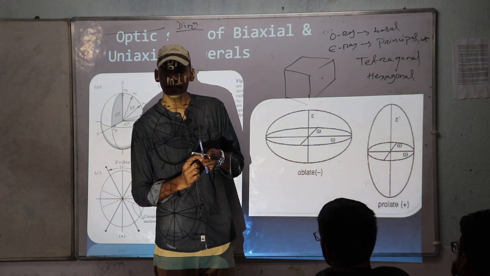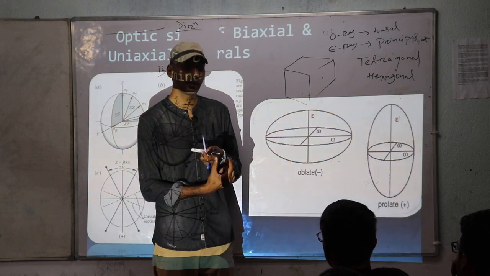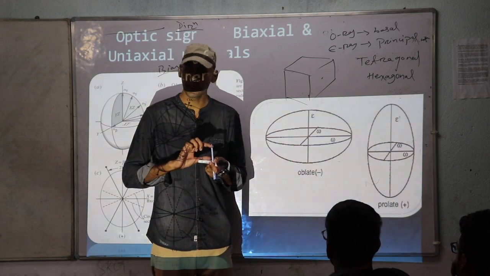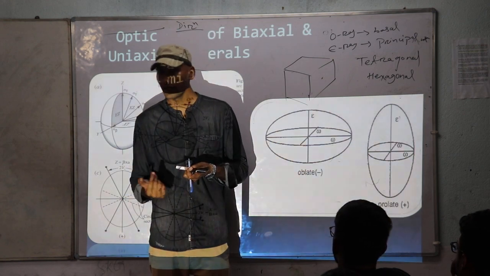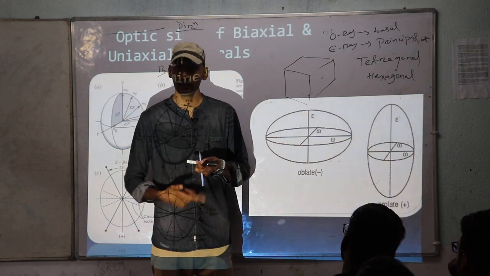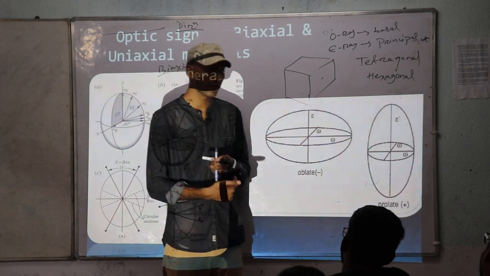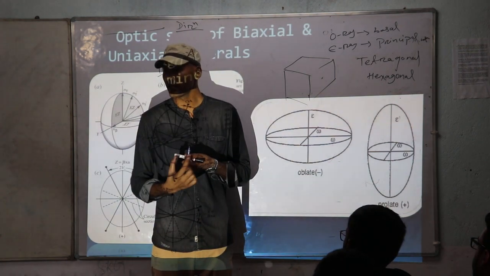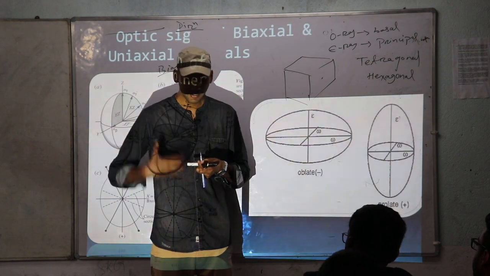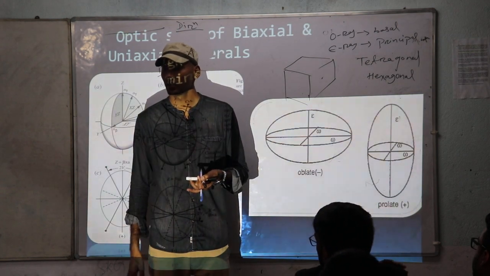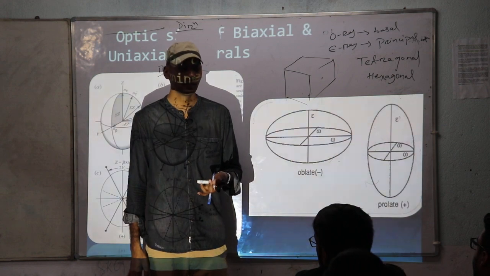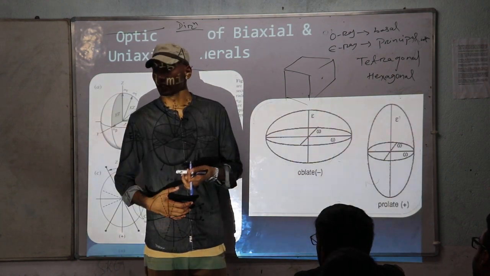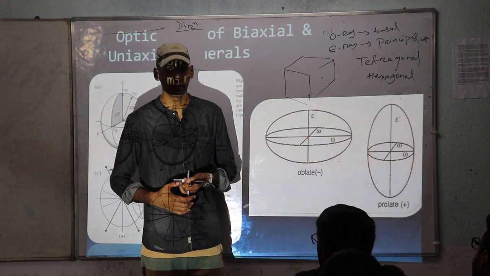I will represent refractive index A here, that refractive index A here, that refractive index A here, because the refractive index is the same in all directions, in X, Y, Z, all directions A, B, C. In all 3 directions the refractive index will be the same. So if I take the same refractive index in every direction, the resultant 3-dimensional figure will be a sphere. That means each section is circular in case of an isotropic mineral.